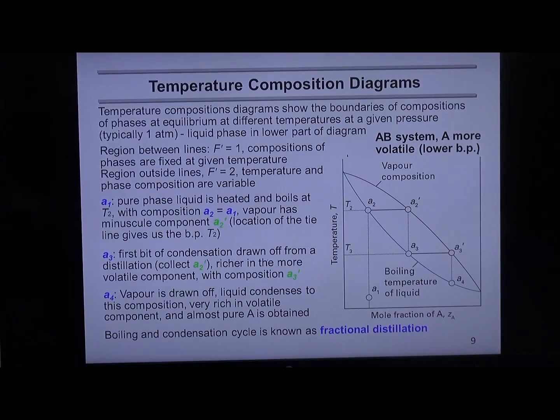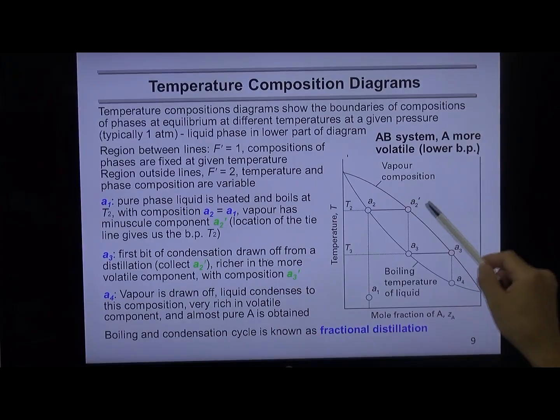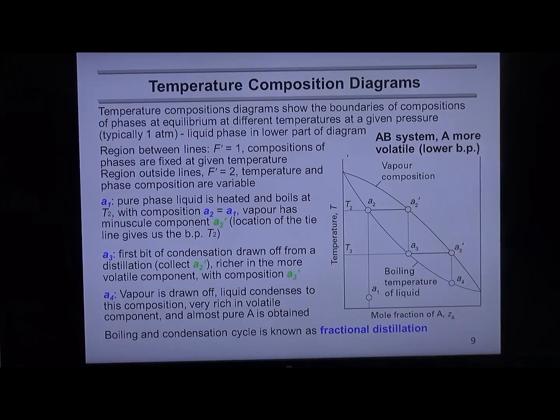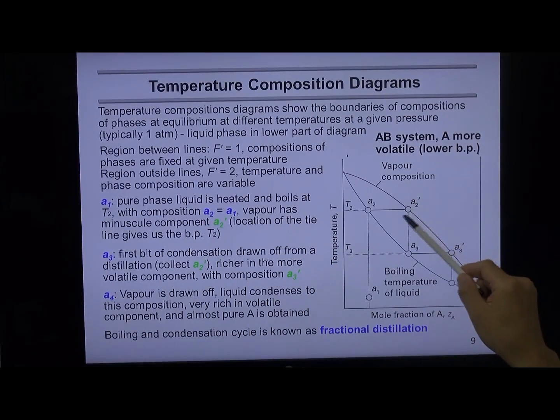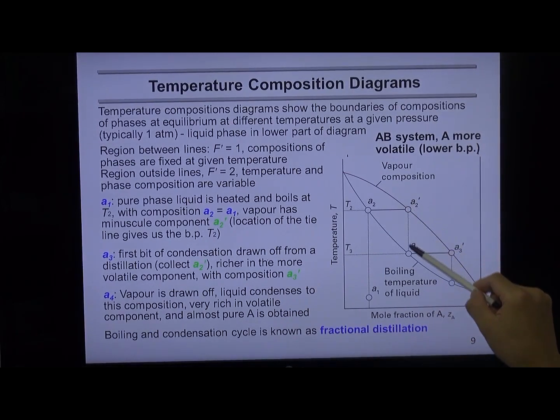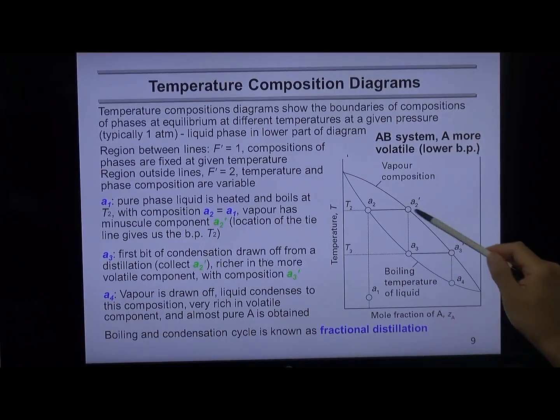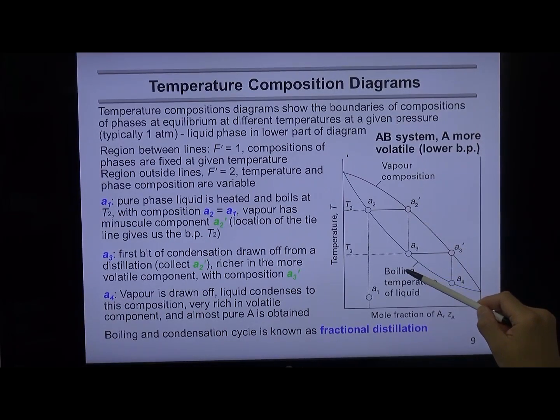And what you do is you collect only this boiling vapor, and you condense it. Then the vapor with this composition would be a liquid at a lower temperature, like here.